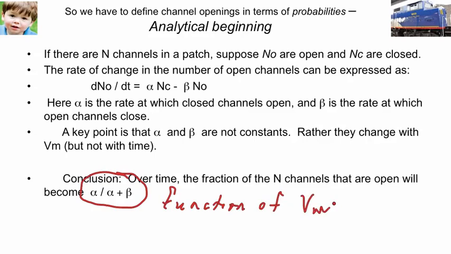Or as we saw in the channel segment, if you have a higher voltage with a potassium channel, there's a higher fraction that'll be open when the transmembrane voltage is greater.